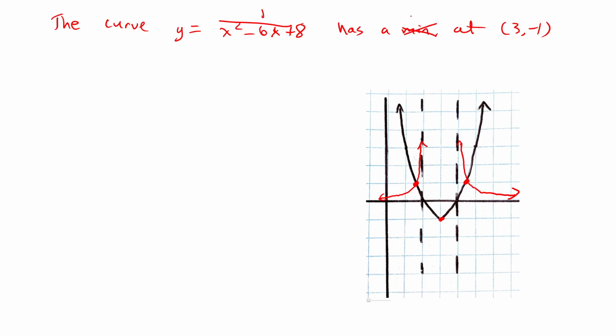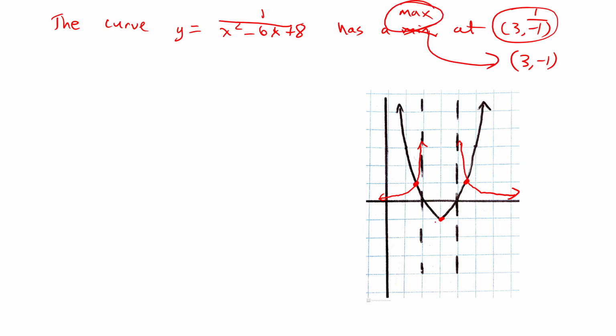So putting a 1 over it changes the word minimum to maximum. The x value of 3 stays the same, but the y value is 1 over -1, which is just -1.